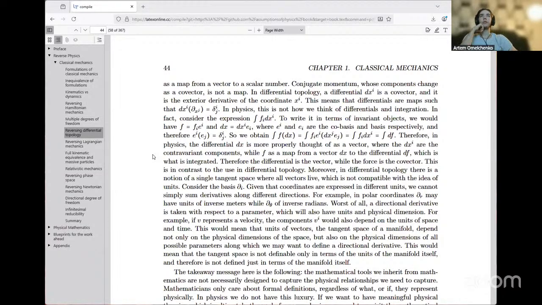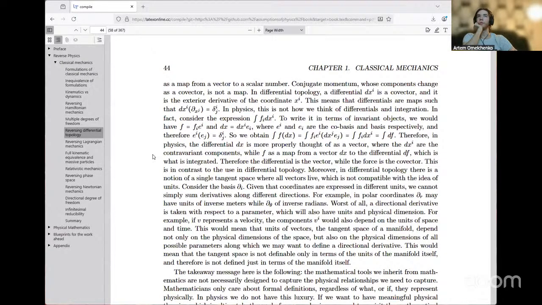In fact, consider the expression, the integral of f. To write it in terms of invariant objects, we expand f using the basis vectors, and we expand the differential, where those are the co-basis and basis respectively.